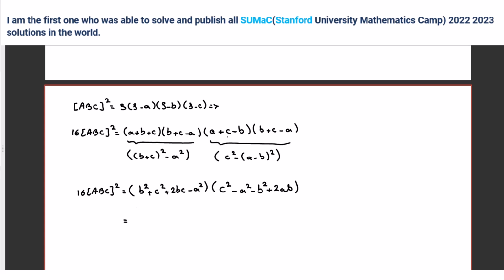So let me just check something. Here we said 2BC, right? Here we said C squared. Okay, let me check it again. A plus B plus C minus A, oh, sorry, it is A plus B minus C, right? Yeah.